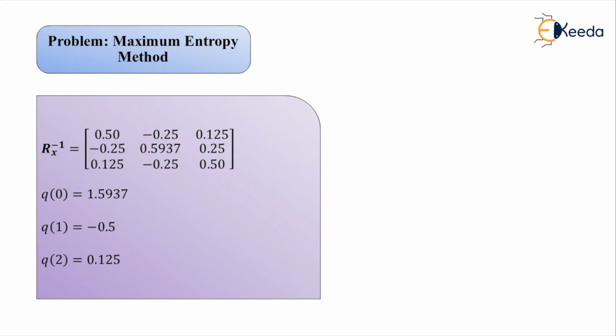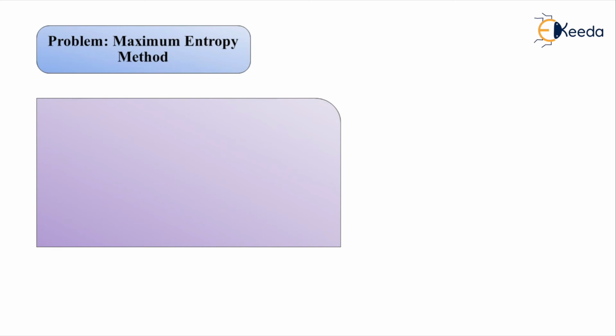So with the use of this, we can have the generalized representation of the second order form for the minimum variance power spectrum estimate, that is, capital P cap suffix mv as a function of e to the power j omega is 3 divided by q of 0 added to twice q of 1 cosine of omega added to the last term twice q of 2 into cosine twice omega.